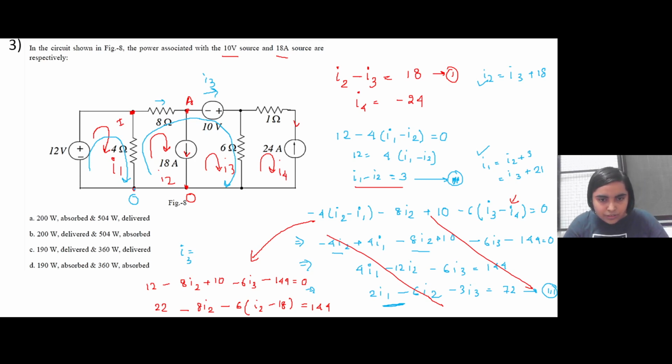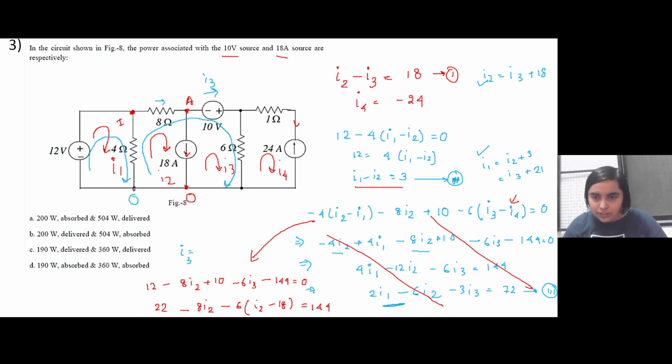Okay. 22 minus 8 I2 minus 6 I2 plus 108 equal to 144. So this will be 8 plus 6 is 14. So 14 I2 is 144 minus 108 plus 22.